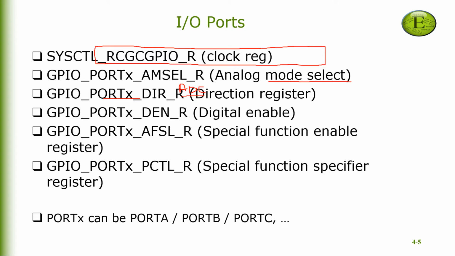So essentially, we use this register to connect the ADC with the I/O ports. That is how we enable or disable the connection. So whether the connection is there or not is determined by the contents of this register, the analog mode select.